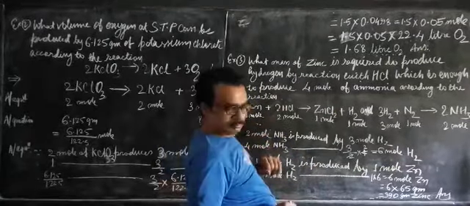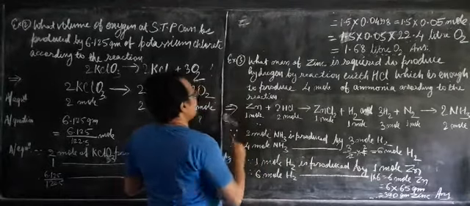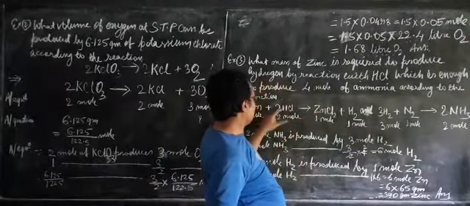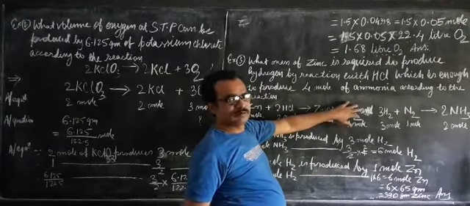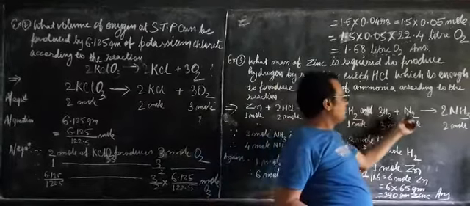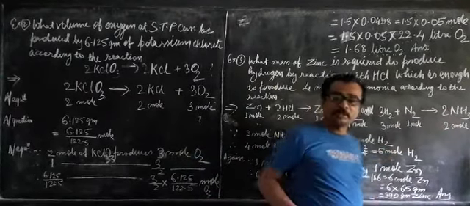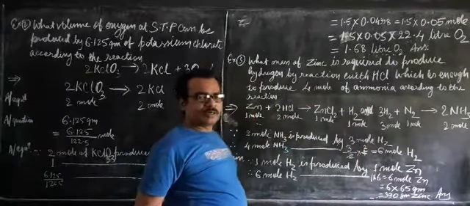This is one equation: Zn plus 2HCl gives ZnCl2 plus H2. This is the equation to produce hydrogen. And this is the other: 3H2 plus N2 produces ammonia. This is the equation to produce the ammonia. So now we have both the equations.